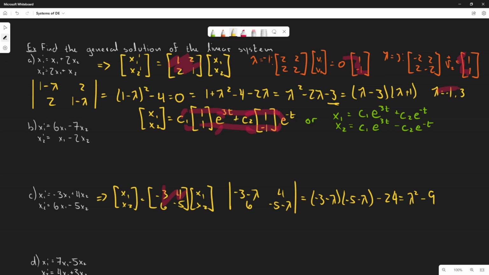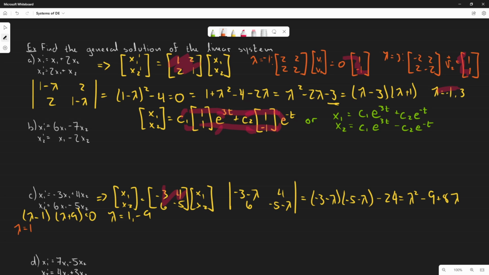Factoring it out, this will be lambda minus 1 times lambda plus 9 is equal to 0, so lambda will be equal to 1 and negative 9. So we have our eigenvalues, and now we have to find the eigenvectors.